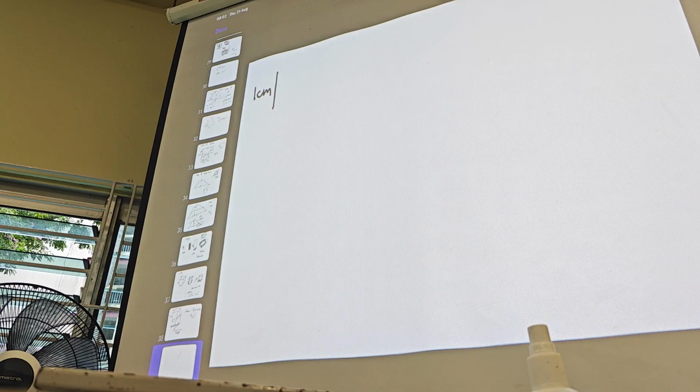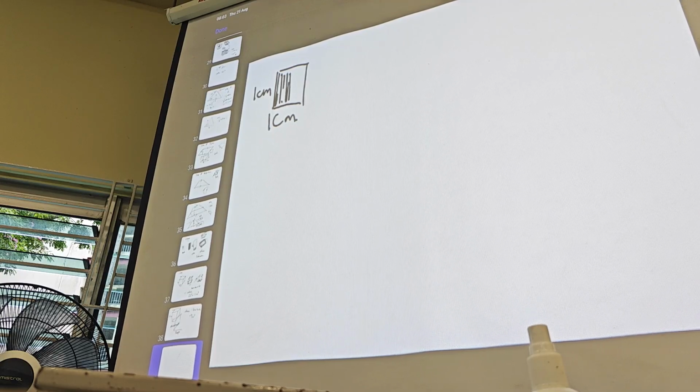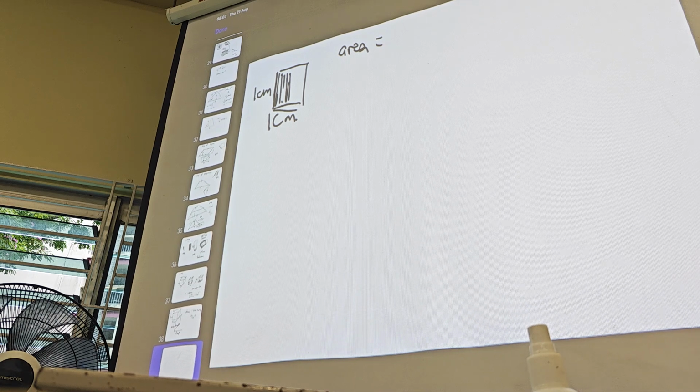But if I put 1 cm worth of all these lines together, 1 cm, then the way that we describe how big this piece of area is on the flat land, we call this area occupied an area. And how much area are there? There are 1 cm of 1 cm inside.